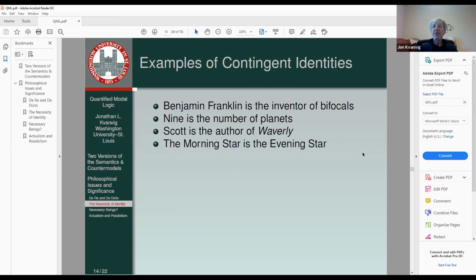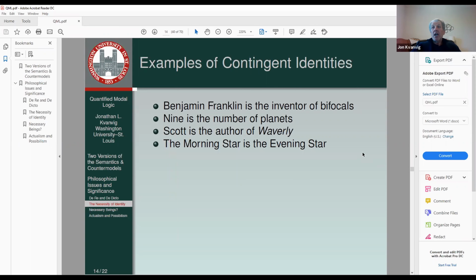This is saying we have two phrases flanking the verb "is," and they pick out the same individual. It's supposed to work exactly like Samuel Clemens is Mark Twain, or Superman is Clark Kent. Those are identity claims. It's just in this case, we have Benjamin Franklin, which is a name, and then we have a denoting phrase, the inventor of bifocals. They refer to the same individual.